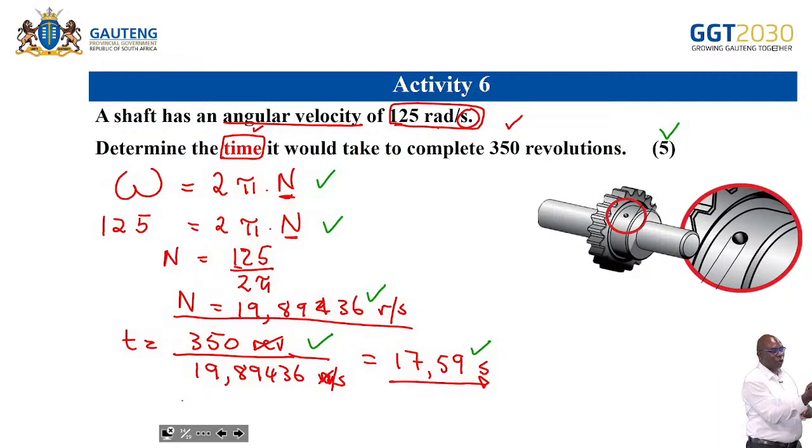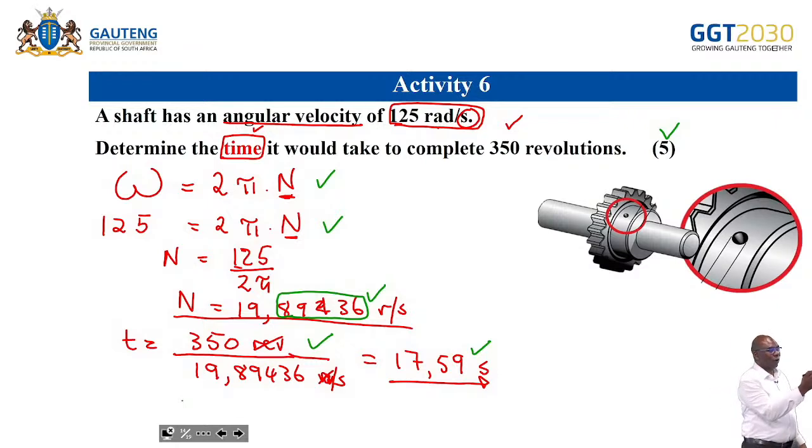Remember why I did not round off there? Because I still need to use that answer going forward. If I round off there, my answer will not be accurate like the one I'm having here.